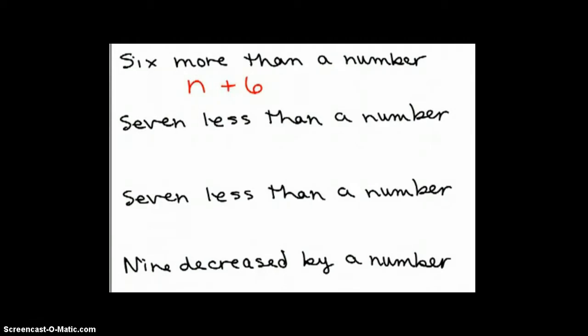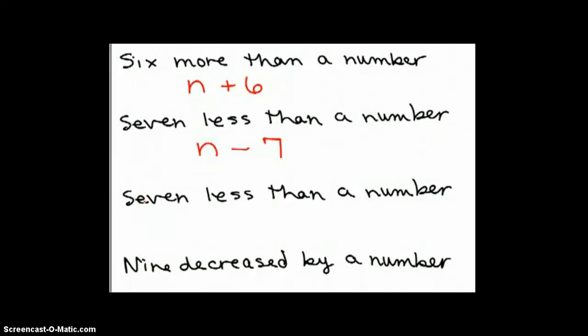You would take your age, and then you would subtract 7 from it. So instead of starting with our age, we're going to start with a number, and then we're going to subtract 7 from it. So this is tricky. It's not 7 minus n. What it's saying is 7 less than a number. It means you have to start with a number and then subtract 7 from it.